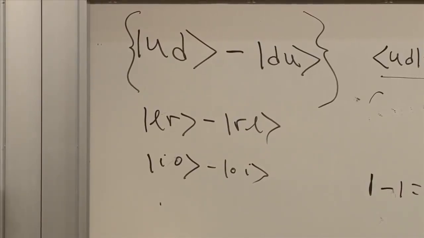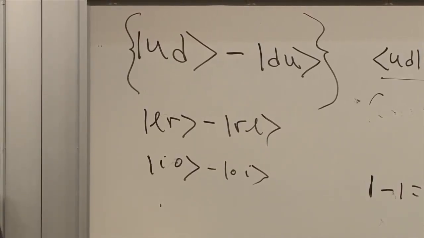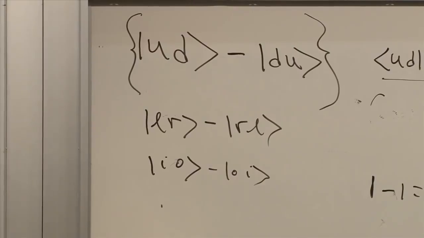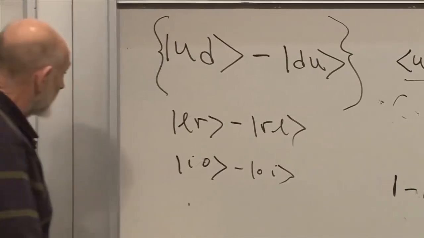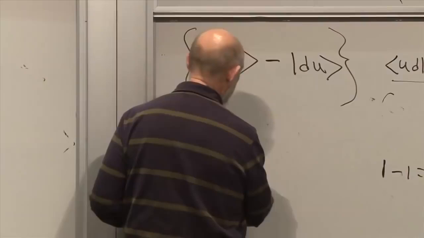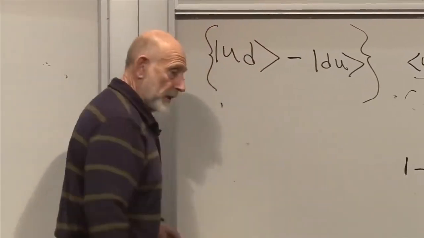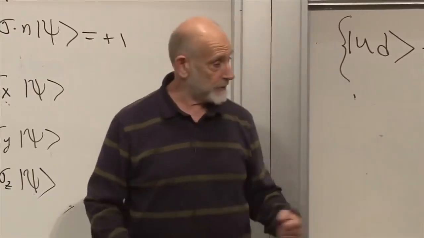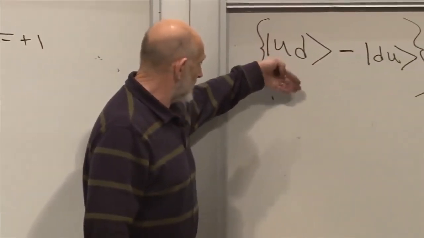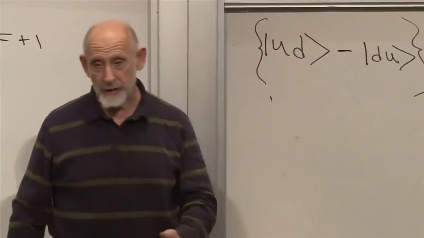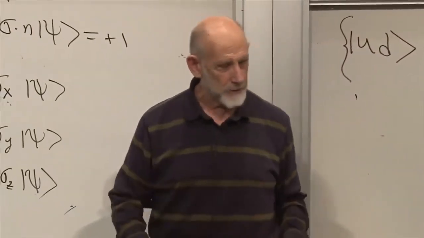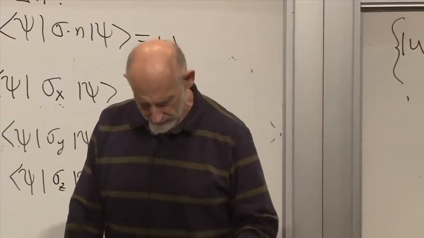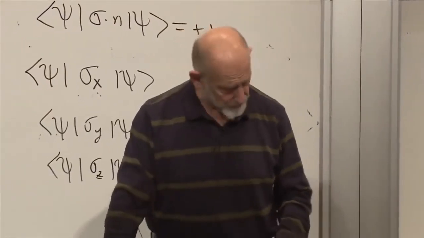Down, up, and up, down, they would get mixed up with other states. There are 3 other states. This is one. There are 3 others, and they mix up with each other when you change the basis. But this is not obvious. This is not obvious at all.